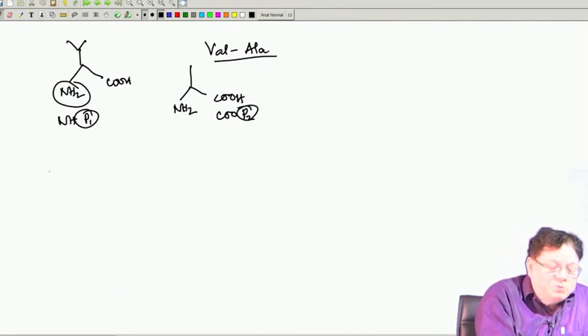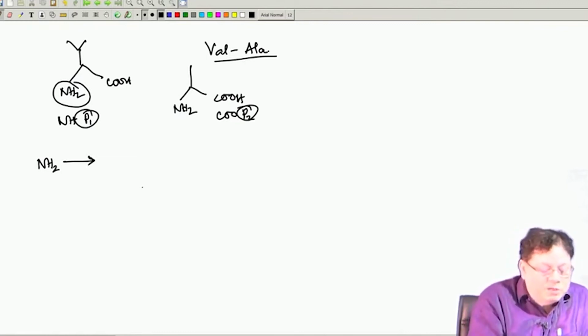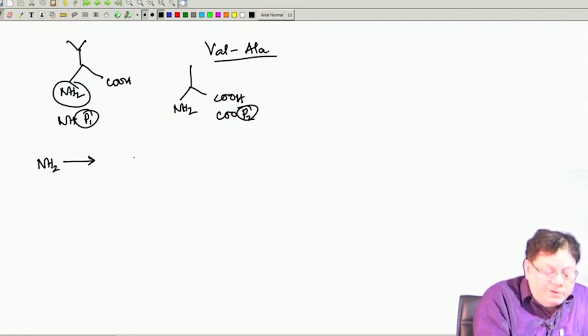The protecting groups of amines, there are many, but I will just show you the very common ones. NH2 protection is done by converting the amine into what are called carbamates. What are carbamates?